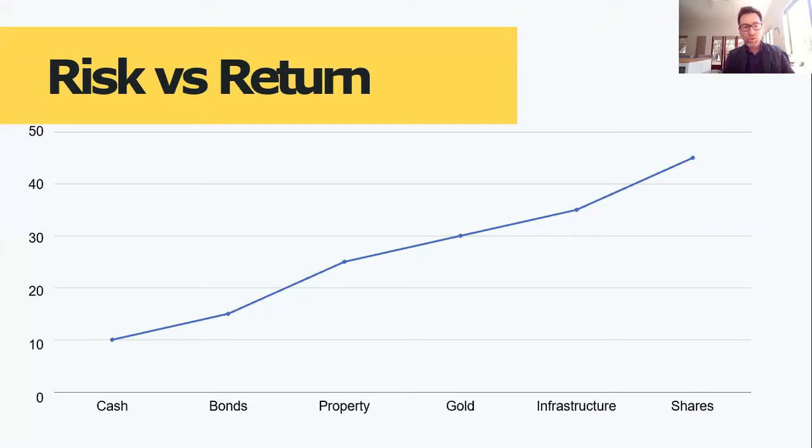For instance, with cash, it has a low return, but it is low risk. Whereas on the other end of the spectrum, you've got shares, you get higher returns, but the risk is higher as well. And the risk that we're referring to here is risk of volatility. That is up and down movements of the share market on a daily basis.